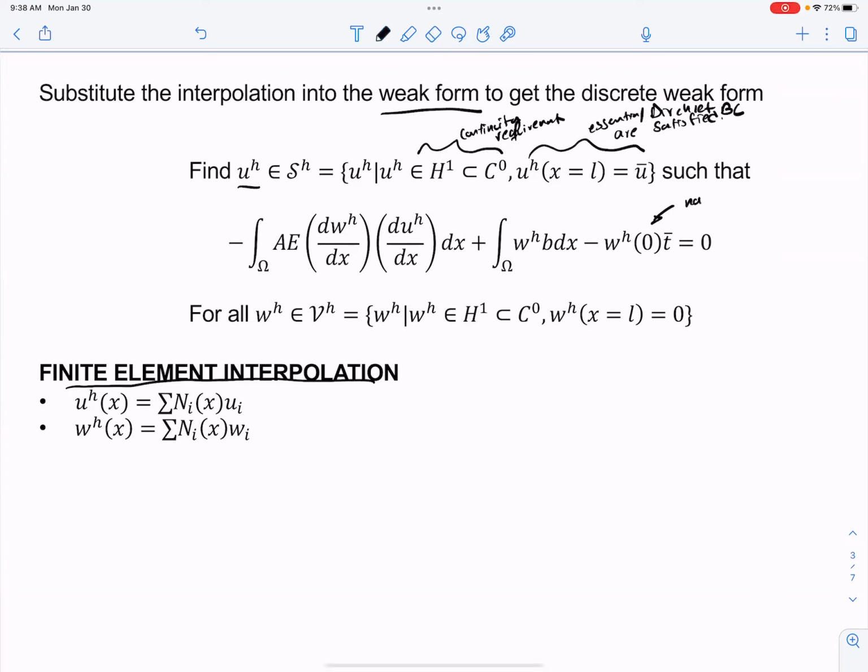So these are natural, or also called Neumann boundary conditions, are part of that equation. And that has to be true for all the w's, which again have to have some continuity requirement. And have to vanish. So w vanishes whenever we have essential boundary conditions.